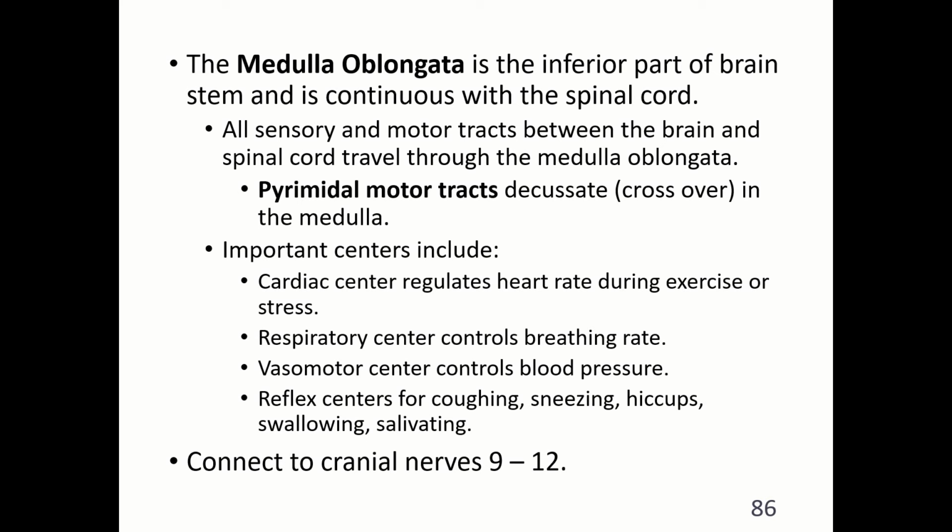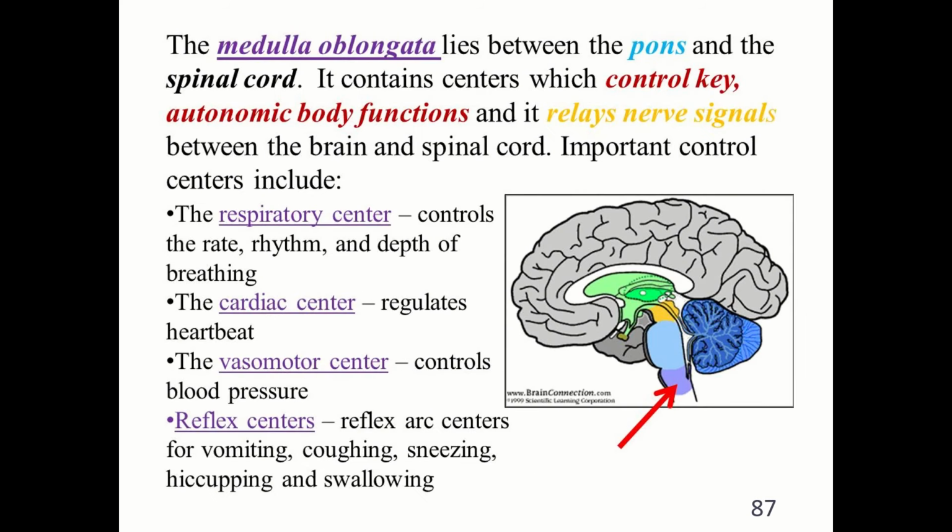And it connects to cranial nerves 9, 10, 11, and 12. So the medulla oblongata lies between the pons and the spinal cord, and it contains centers which control key autonomic body functions. It also relays nerve signals between the brain and spinal cord.